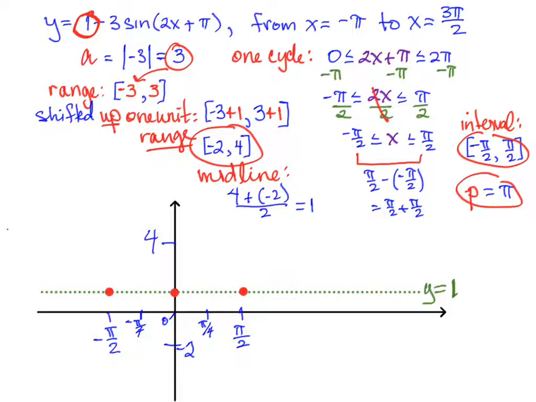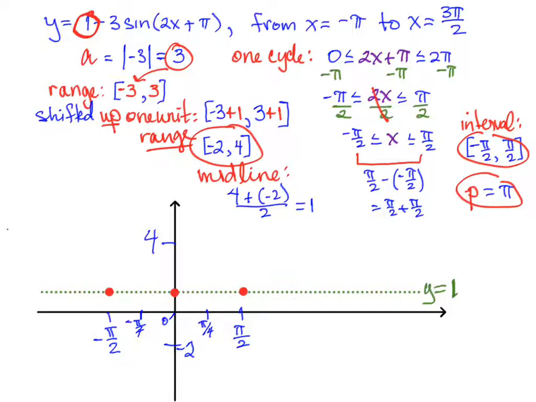Now, the second key point, the one that we will draw at x equals negative pi over 4, is either going to be up at our highest y-coordinate, positive 4, or down at our lowest y-coordinate, negative 2. And we make the decision based on whether or not there is a minus sign in front of the sine function.